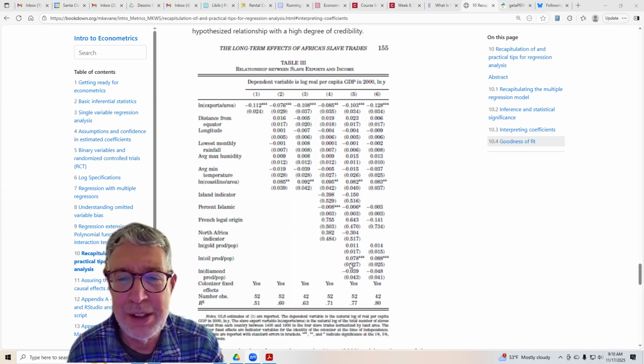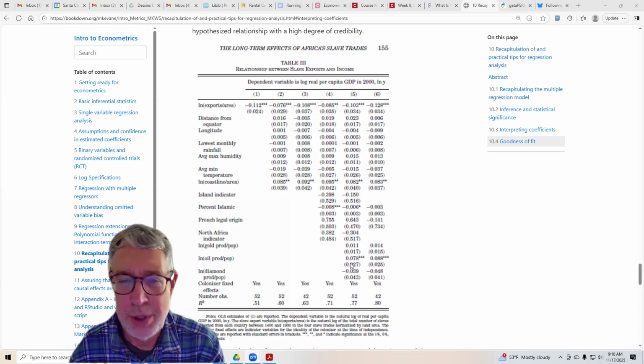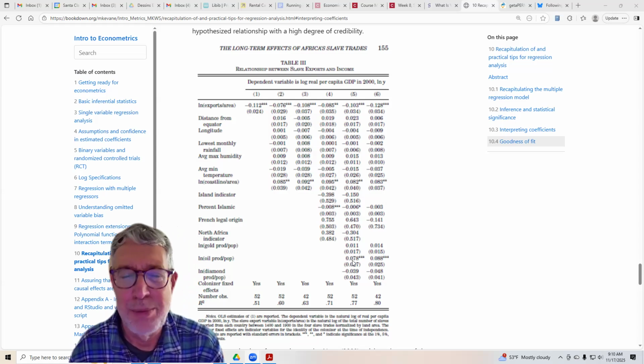For example, we see the log of oil production is statistically significant: for every 1% increase in production per person, GDP per person is going up by 0.07%. So it's a relatively small coefficient. The oil production is concentrated in just a few countries, so if you spread it out, it would be large, but it's a small magnitude because only a few countries are affected by oil production, but they're made a lot wealthier in terms of per capita GDP by it.